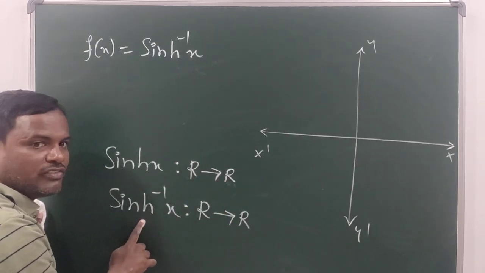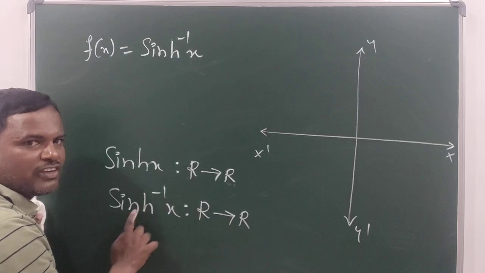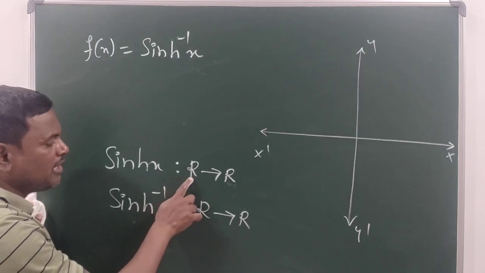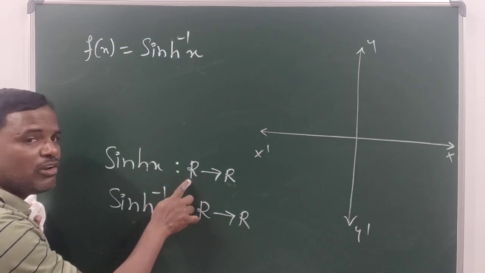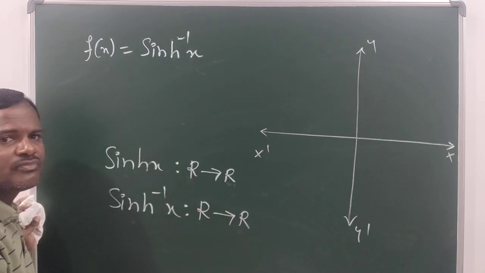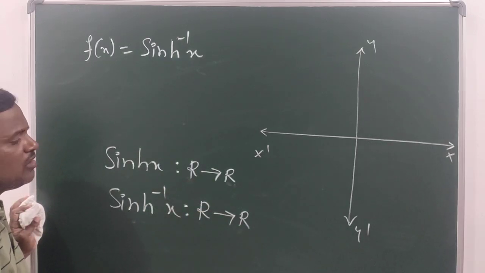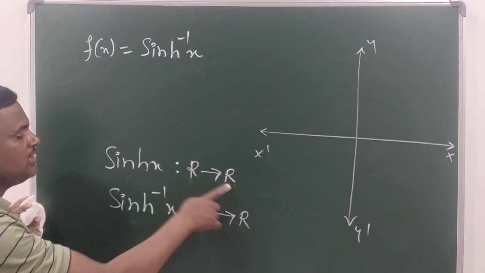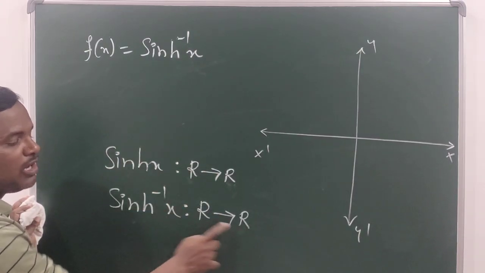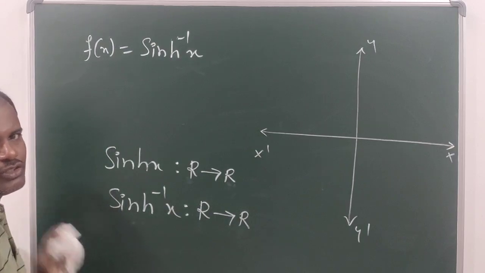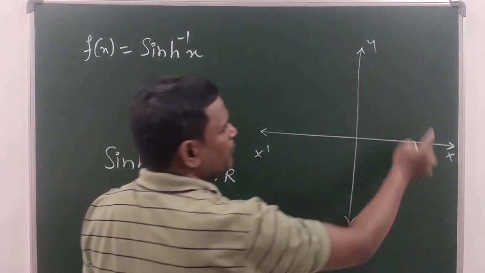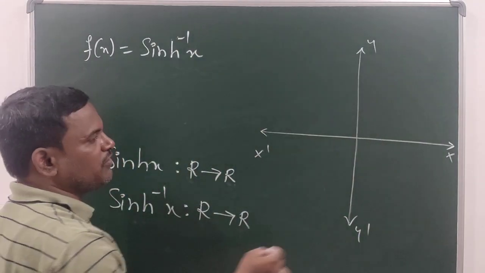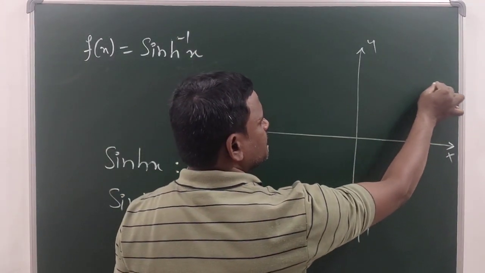When you take the inverse, the range will be the domain for the inverse function. And this is the domain of sinh x, but when you go to its inverse, this will become the range. So these are the domain and range of sinh x, and these two are the domain and range of sinh inverse. Now go to the graph. If you draw the graph of sinh inverse of x, you will get like this.